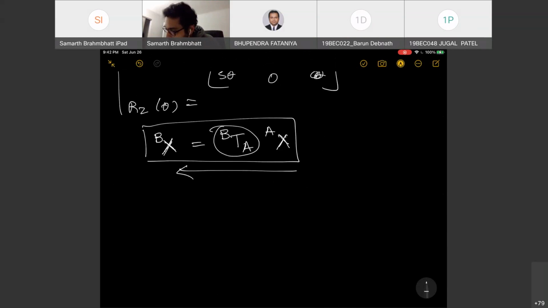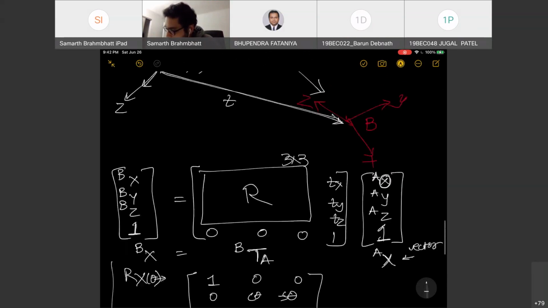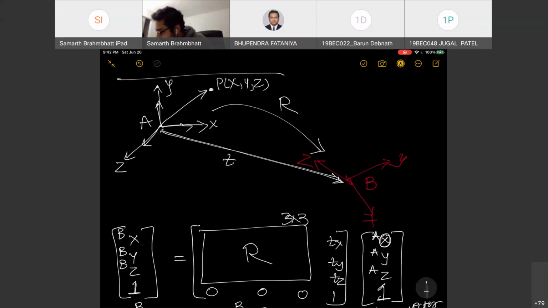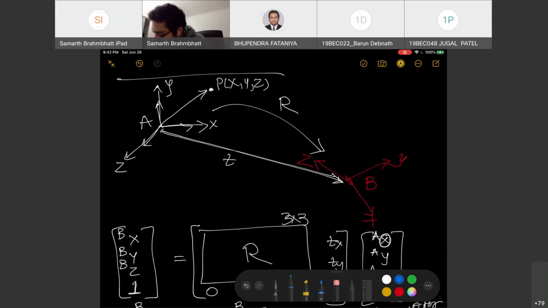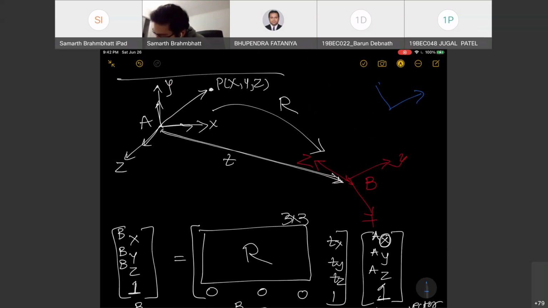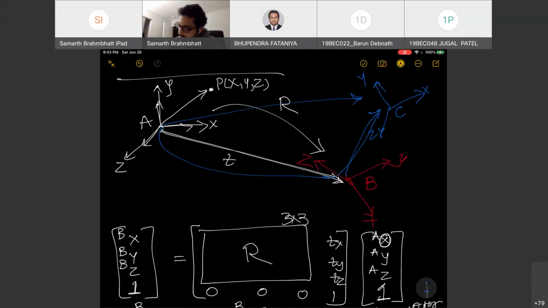And finally, I also want to mention that, let's say after this second coordinate system, we had a third one, right? So X, Y, Z, and this was called C. And then we also know the transformation from here to here. So if we know from here to here, and we know from here to here, we can directly go from here to here by somehow combining these two matrices.